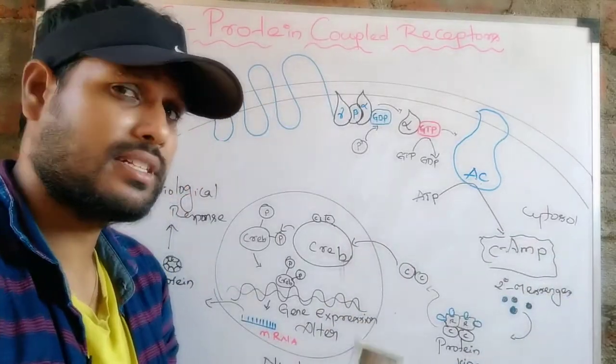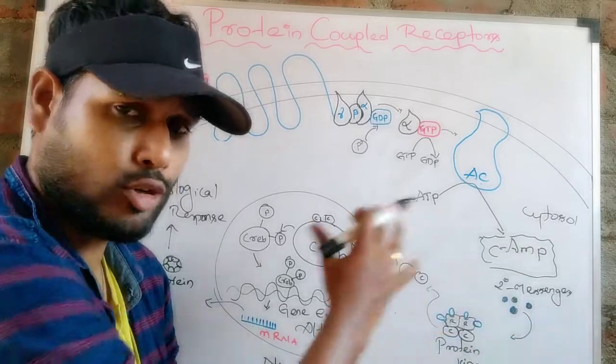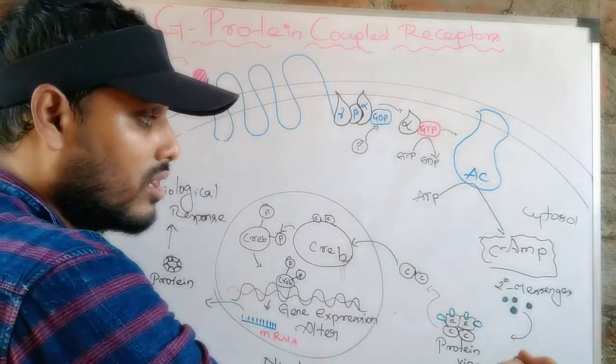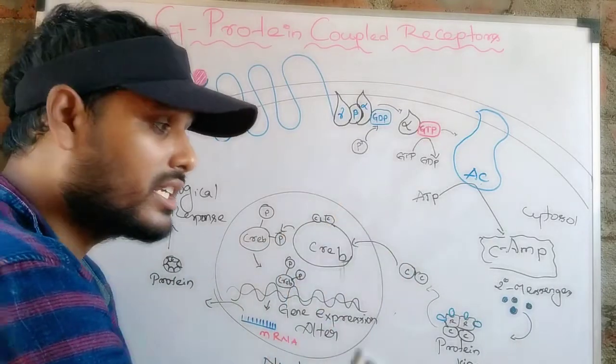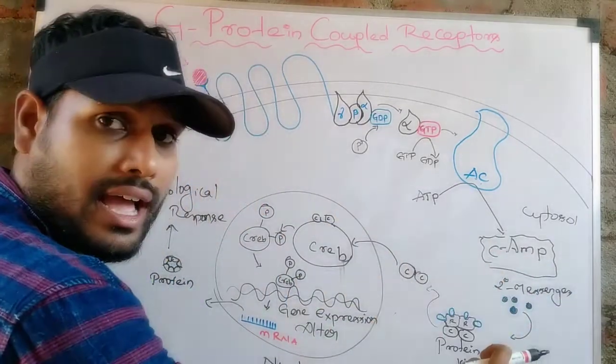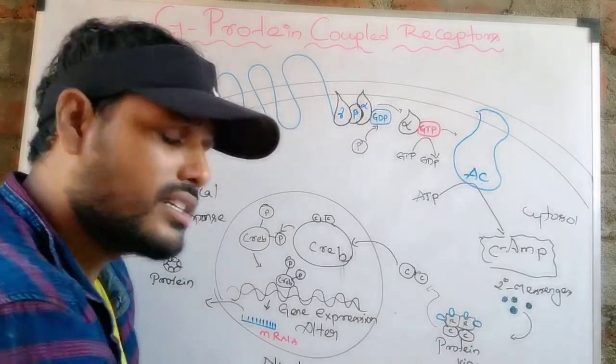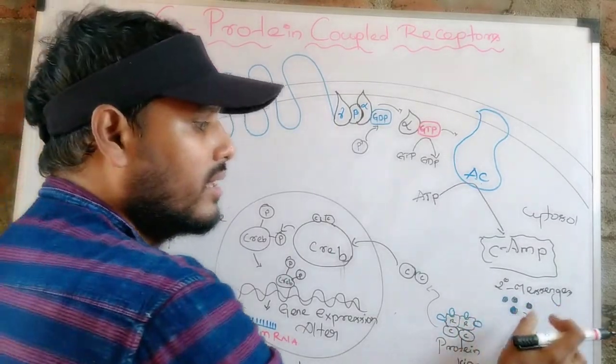Whenever the cyclic AMP secondary messengers are created in the cytoplasm region, they can't move directly into the nucleus. They can't cross the nuclear membrane, so they will go and activate the protein kinase. Here we have the protein kinase, regulatory and catalytic subunits.